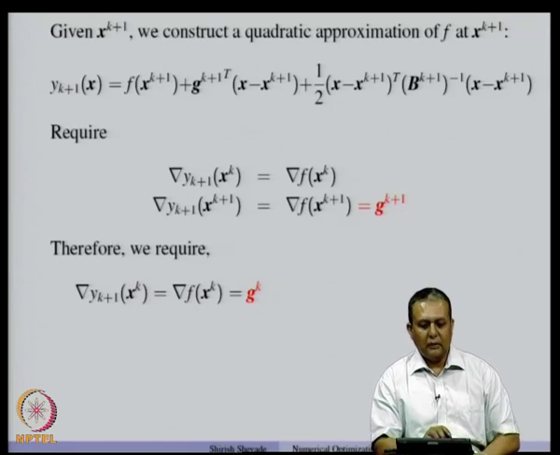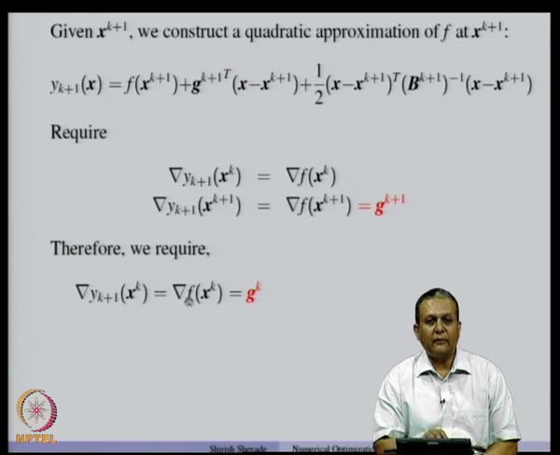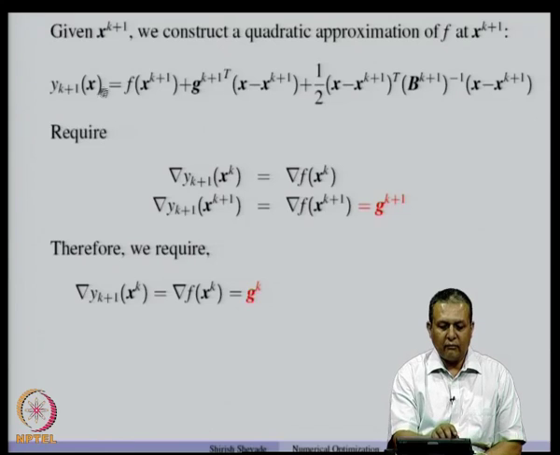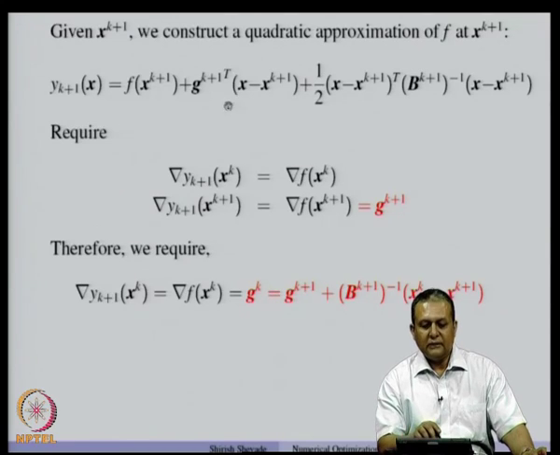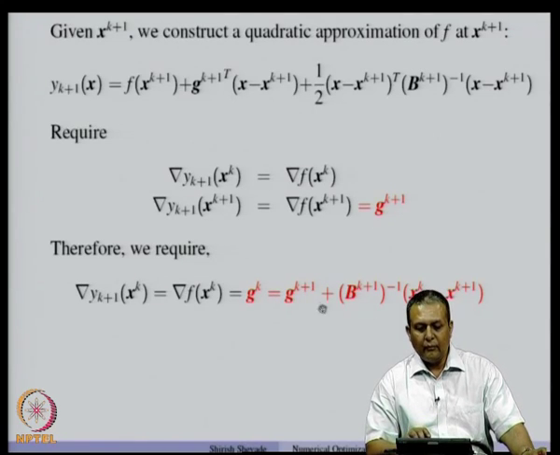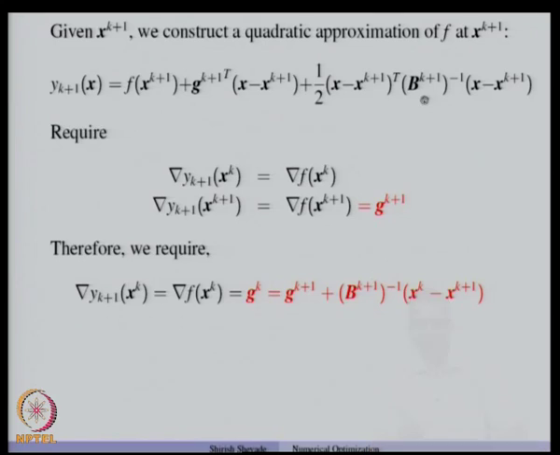And so, we know that the gradient of f at xk is nothing but gk, and this gk should be equal to the gradient of yk plus 1 evaluated at xk. Now, if we evaluate this gradient of this function at xk, what we get is gk plus 1 plus Bk plus 1 inverse into (xk minus xk plus 1).